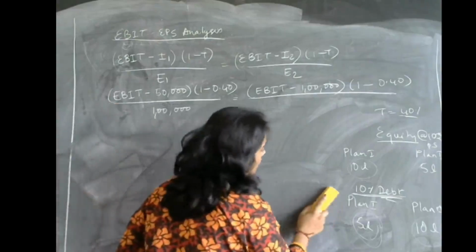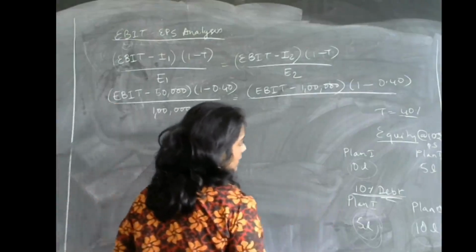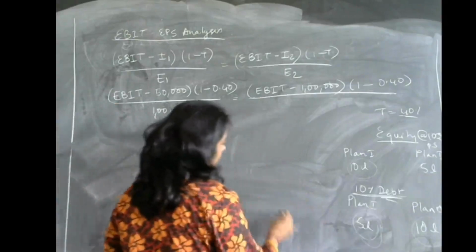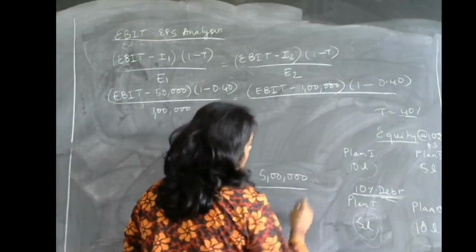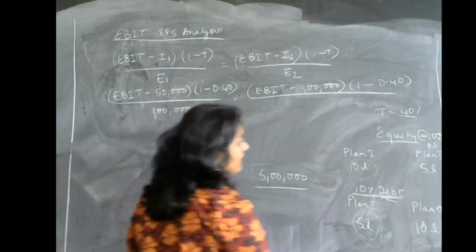So let us solve in plan 2. Plan 2, 5 lakhs is the total equity share capital divided by the share price per share.